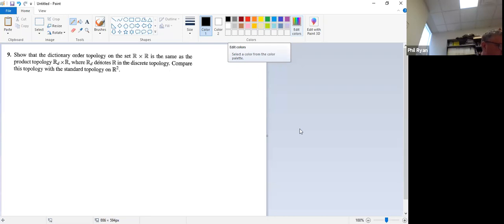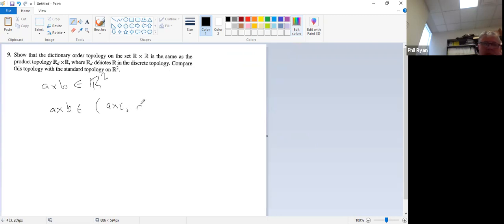Okay, for question 9. Okay, so if we let A cross B be our element in R2, and let's say A cross B is an element of some interval in the dictionary order, say A cross C, A cross D, and with B an element of CD, then we call this B, it's a basis element in R2 in the dictionary order.